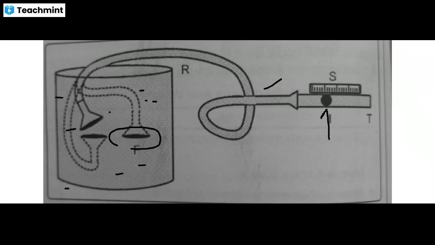As pressure changes, this bubble shifts horizontally, and from the scale attached here we can find out how much it increases or decreases. As pressure increases, the bubble moves rightward. As pressure decreases, the bubble moves leftward.